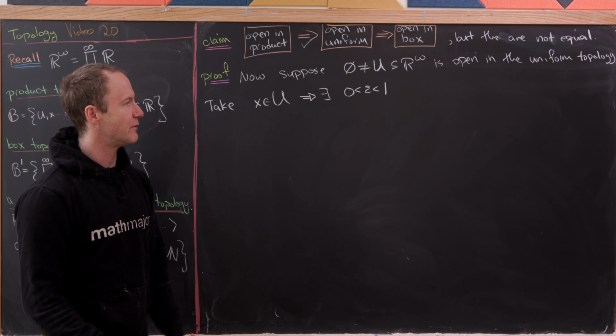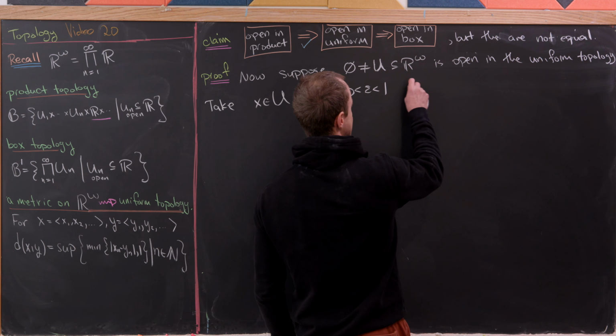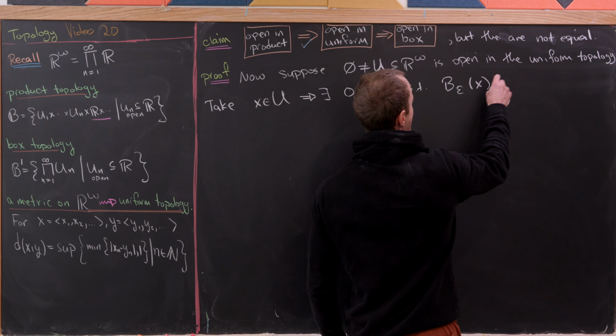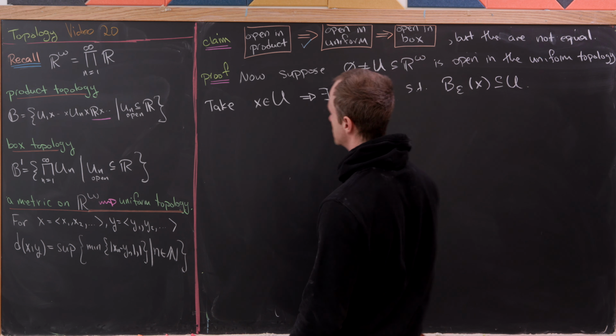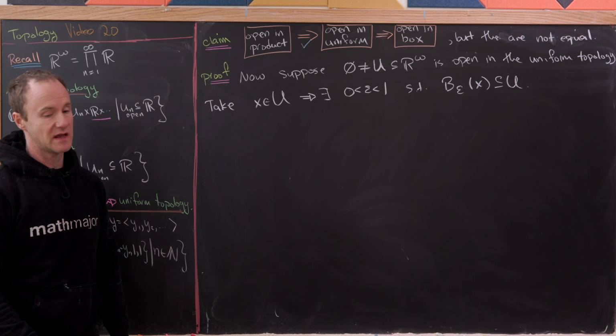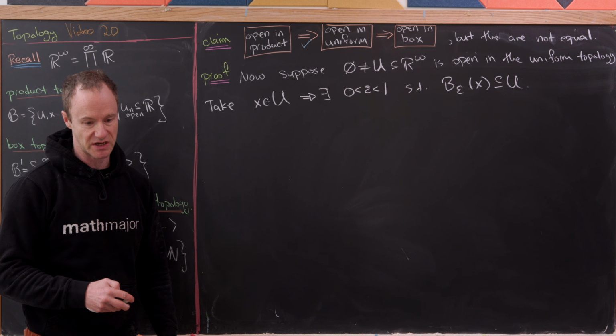Okay, so anyway, we've got this epsilon between 0 and 1 such that the ball of radius epsilon centered at x is contained inside of U. So again, that kind of thing is possible because we are open in the uniform topology, really just open in any metric topology here.